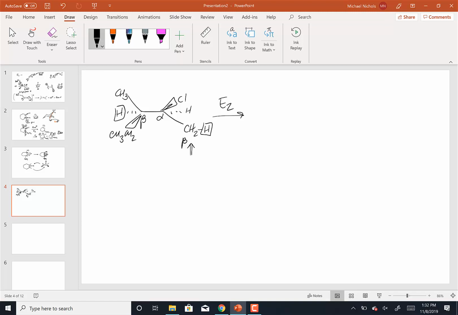So my base is definitely going to come in and grab that hydrogen, move that pair of electrons there, kick the chlorine off. So one of the products that I'm going to end up with is a carbon-carbon double bond to the CH2 group. Once the chlorine leaves, I would have a hydrogen up there.